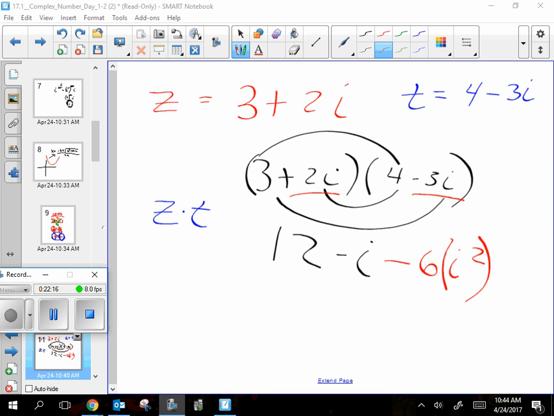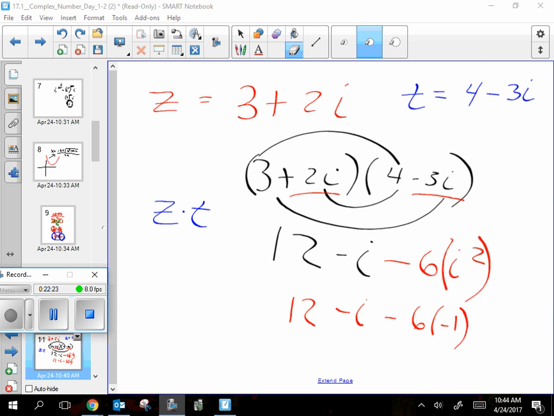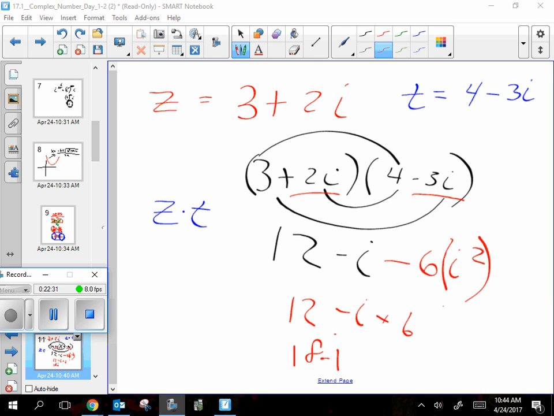That part should be -1, which makes 12 minus i minus 6 times -1, and that makes +6. And that's where you get your 18 minus i. Did you figure out where you messed up in it? Okay, this happens. All right, so that is a typical homework question for today, and here's one more that's similar.